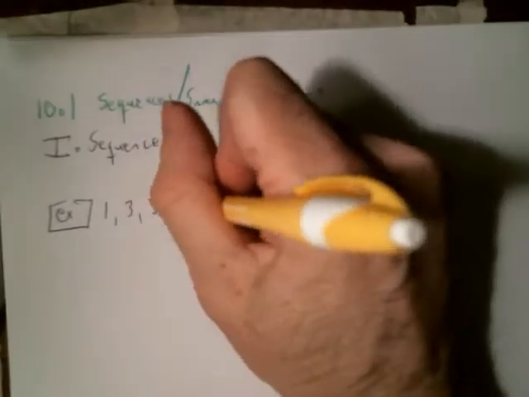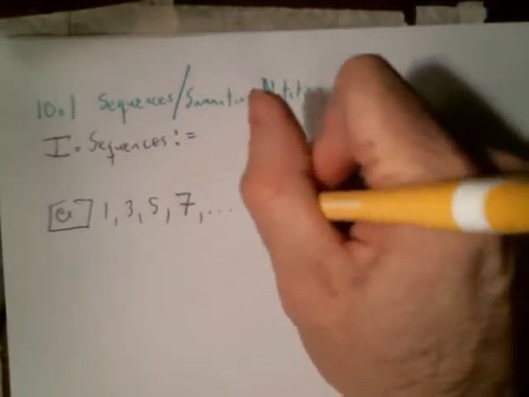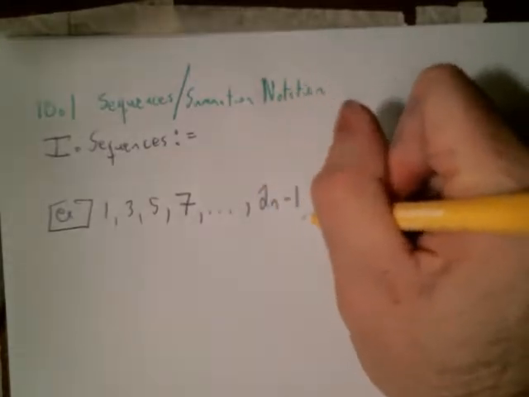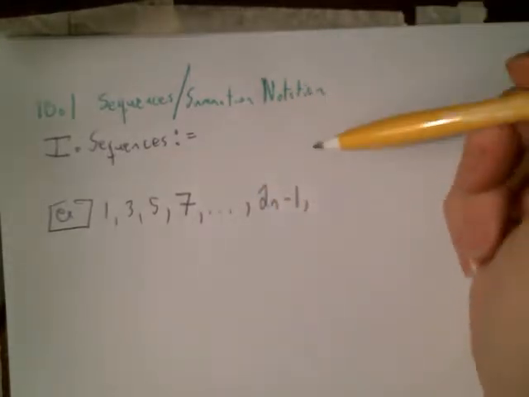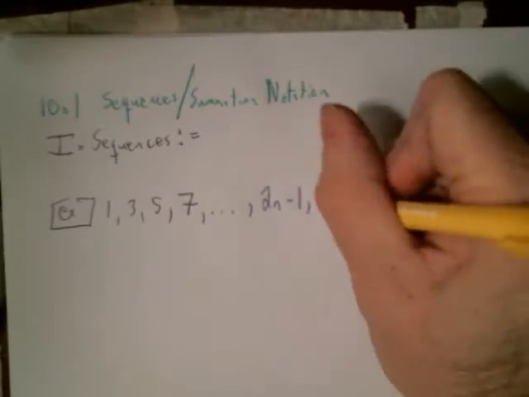The next number is obviously 7. They're just going up by 2 every time. And we can give a general formula to predict what the nth value is going to be.